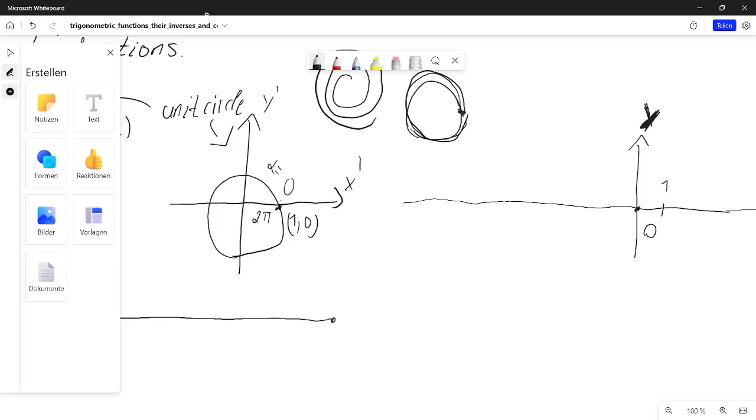You go in this direction 1, you go in this direction symmetric -1, and your numbers will repeat with minus. Here same, you have 0, here you have minus pi half, here you have minus pi, and so on, right?